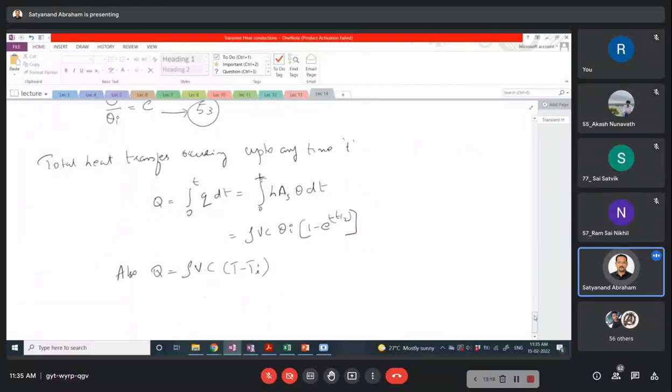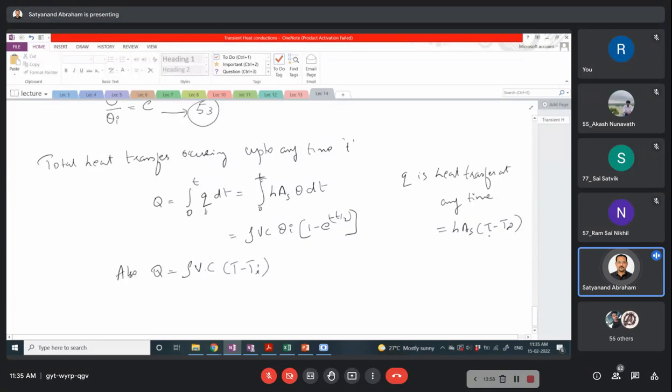Another important term we saw was the total heat transfer occurring up to any time t, from the initial time up to time t. For that we simply integrate over time. Q is the heat transfer rate at any time, which is equal to h times As times (T minus T infinity).